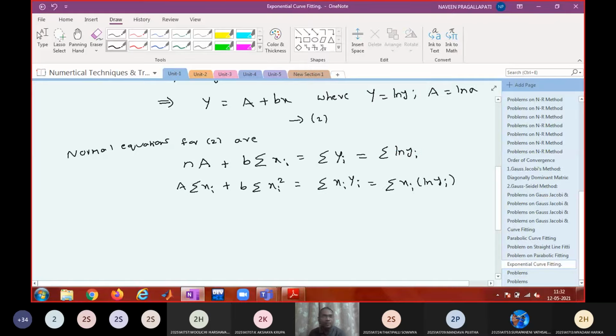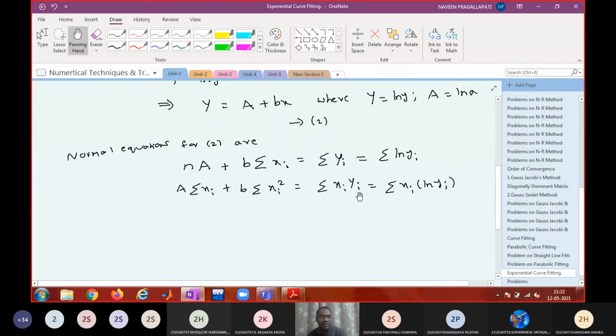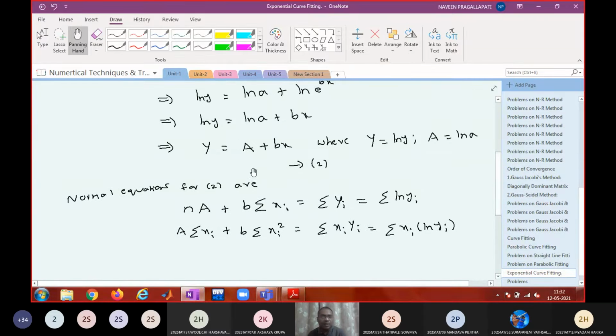Then you prepare the xi square column, and you prepare the xi into ln yi column. Take those sums. After finding these, you will be finding capital A and small b.